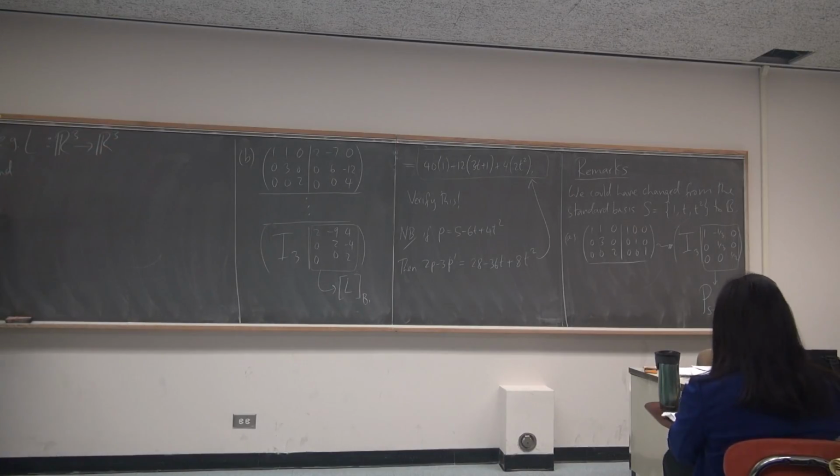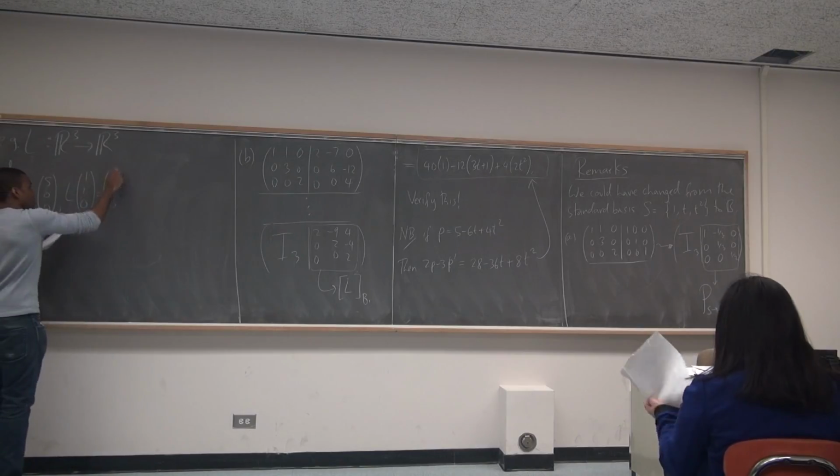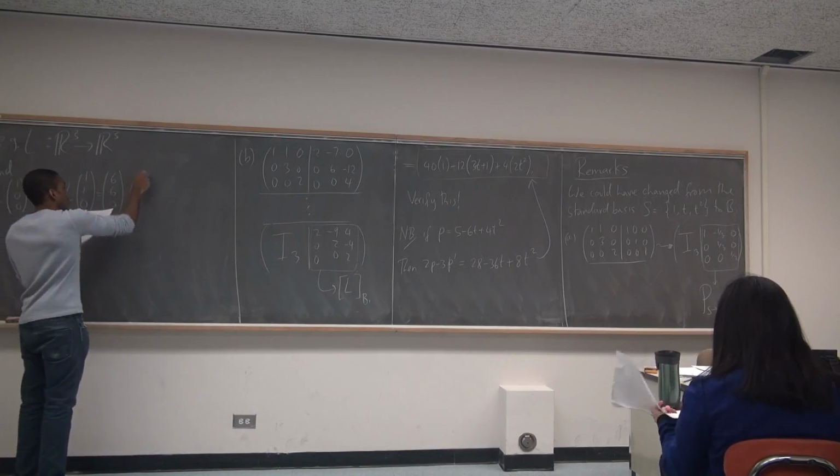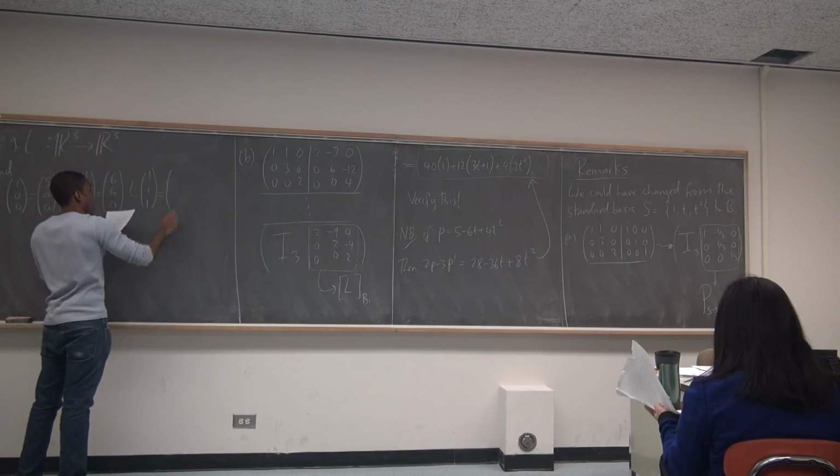And here's what I know. I know that L of 1, 0, 0 actually gives me 5, 0, 0. I know that L of 1, 1, 0 actually gives me 6, 6, 0. L of 1, 1, 1, the output is 7, 7, 7.